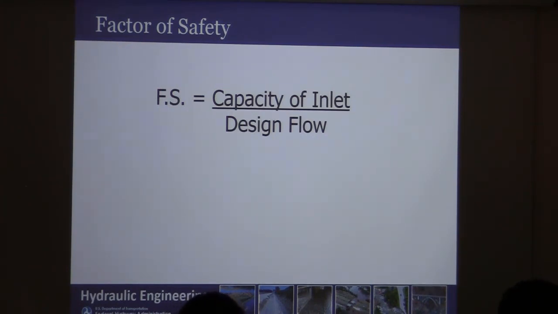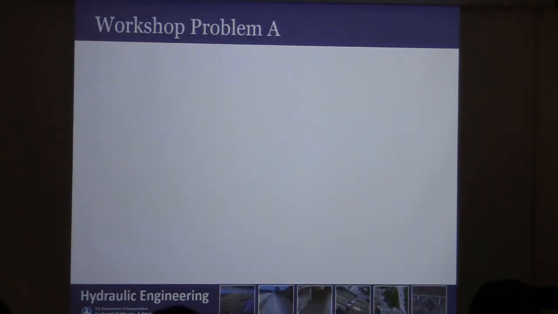So your capacity of the inlet divided by the design flow will give you your factor of safety. So if you're in an important area, if you're in a vertical sag or something like that, you might want to make your factor of safety a little higher, just so you have more of a guarantee that the inlet will keep working for you, even in a serious situation. I think that's it for this, yeah.